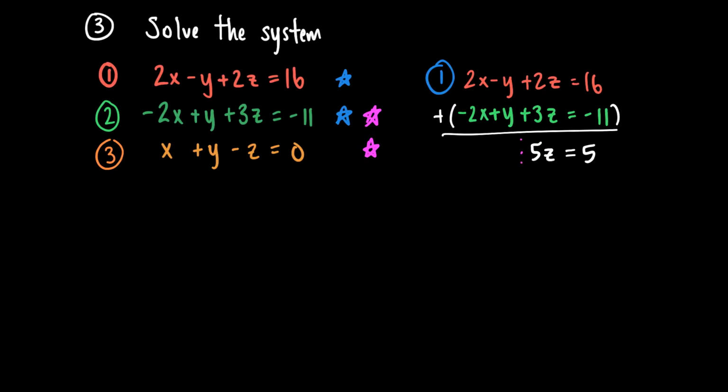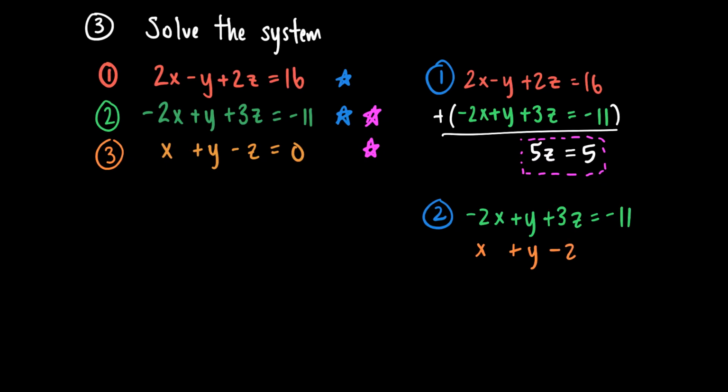That's going to make this problem even easier. So here's our first equation that has gotten rid of the x. Coincidentally, it actually got rid of the y as well, which is really nice. So, all right. Step 2 is we're going to take the green equation, so negative 2x plus y plus 3z is equal to negative 11, and the orange equation, x plus y minus z is equal to 0.